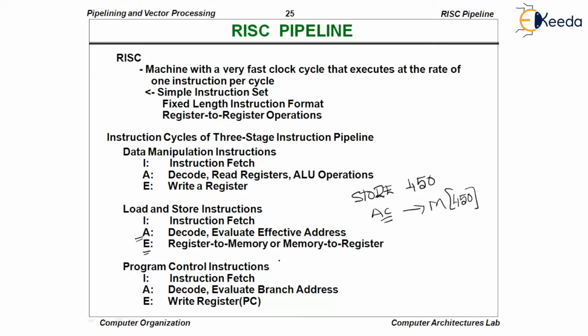Now, there is another classification of instructions, in which, when the instruction gets executed, the sequence of the instructions will get altered. These come under program control instructions. For example, if there is a branch instruction and the branch is taken, the program control will be altered from a specific sequence to another sequence.